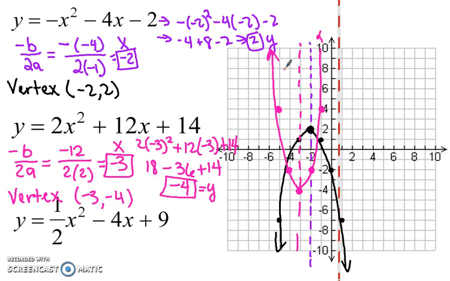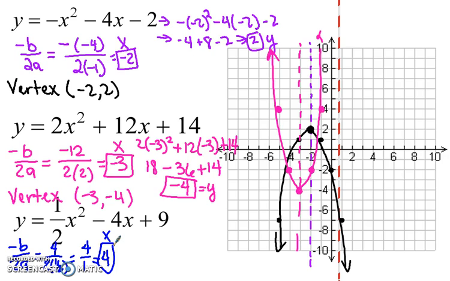Alright, third one. Oh, it has a fraction in it. That'll be alright. Same formula, negative b over 2a. So 4 over 2 times half. And half of 2 is 1, so you get 4 over 1, which is 4. So our x is 4.